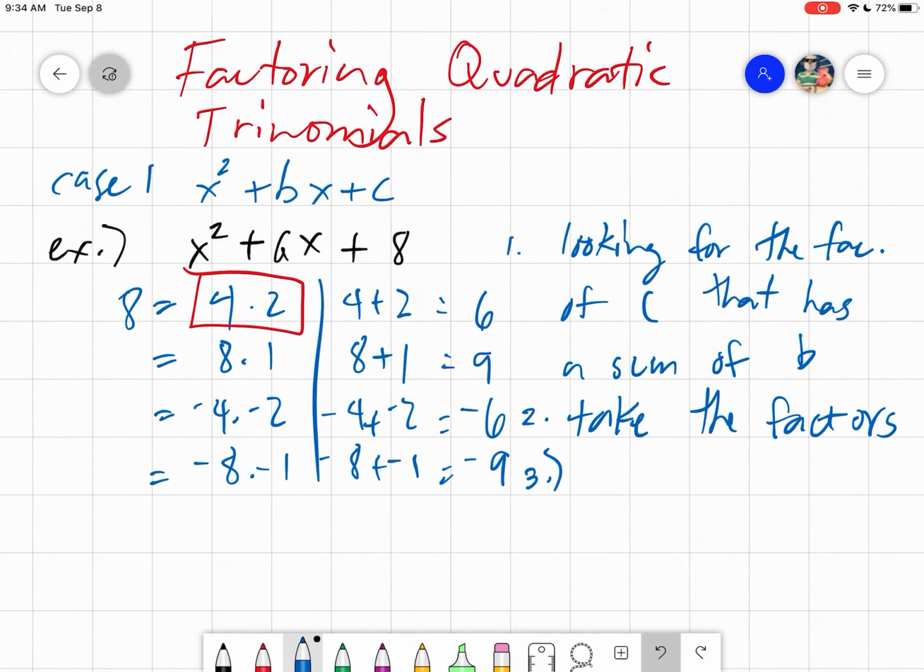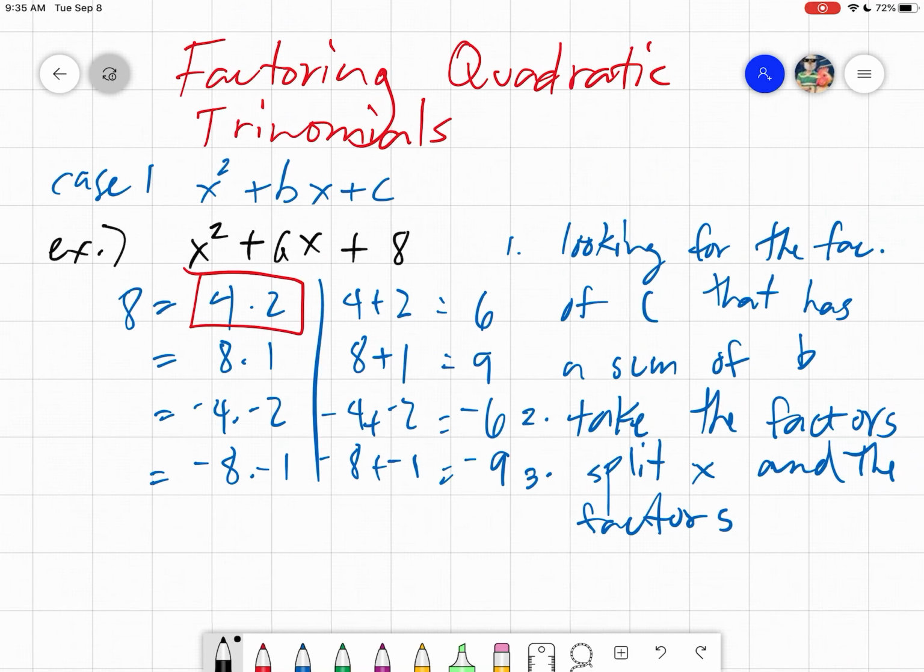You will split them in the form of x and the factors. Since the answer to any quadratic trinomial like this is a binomial, your answer would be like this. Split x into two, and then split this 2, that is 4 and 2.